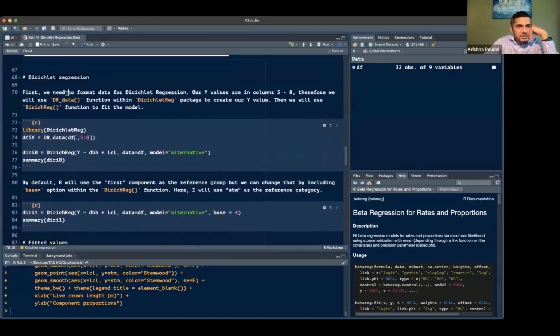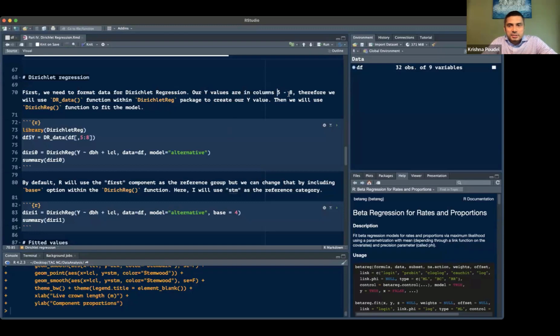And now to fit the Dirichlet regression, first we need to format the data so that the Dirichlet function can read it. So we can use this dr_data. In this case, we have 4 different dependent variables, and we want to fit them simultaneously, together.